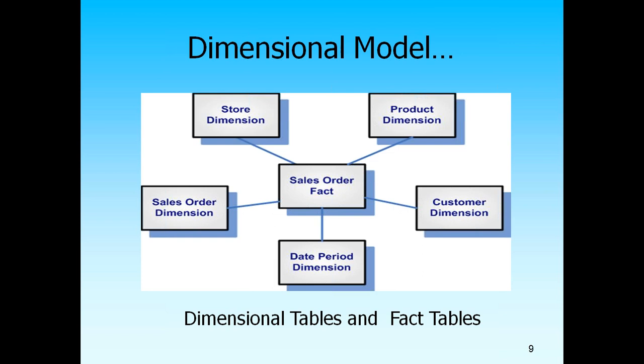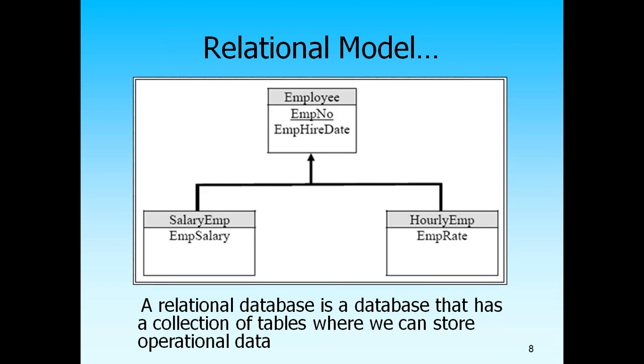We have store information in a single table, sales order information in a single table, and date-related information in a single table. So we need 3 joins in order to get that report. If we generate the same report on the relational model, we may have 9 joins. That will cause more time.